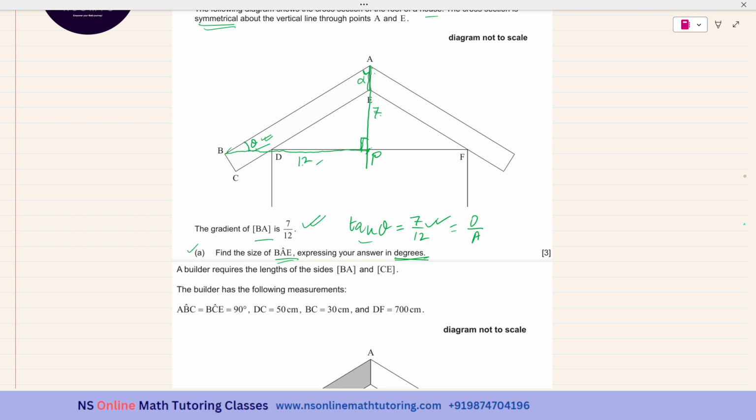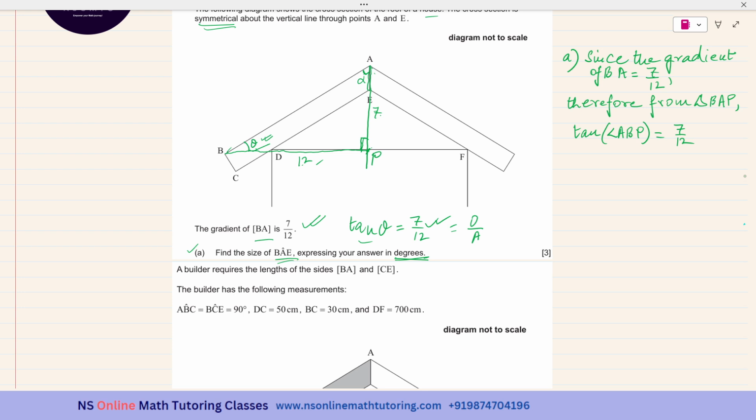So what will theta be equal to? Since the gradient of BA is equal to 7 over 12, therefore, from the triangle BAP, tan of angle ABP, which is theta, should be equal to 7 over 12.